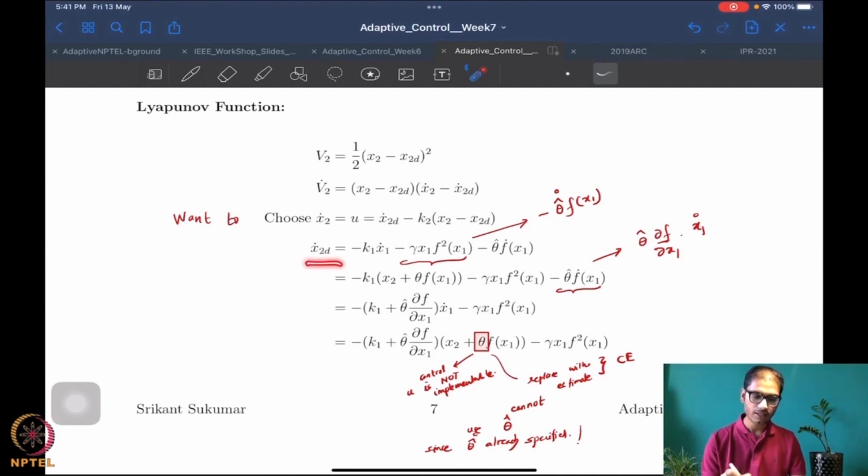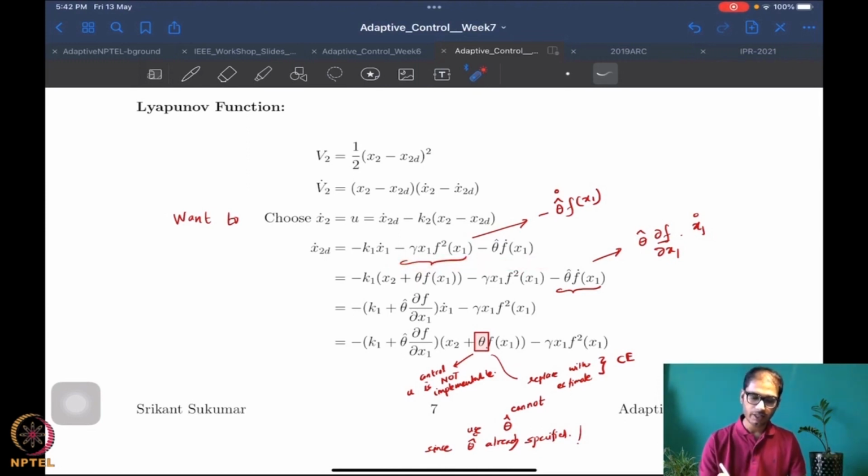So let's look at x2 desired dot, right? So this expression is basically minus k1 x1 minus theta hat fx1. So it is just the derivative of minus k1 x1, which is minus k1 x2, and the derivative of theta hat fx1 using the product rule, right? So that's what we get, two terms: the derivative of the first with respect to the first term, and then a derivative with respect to the second term.